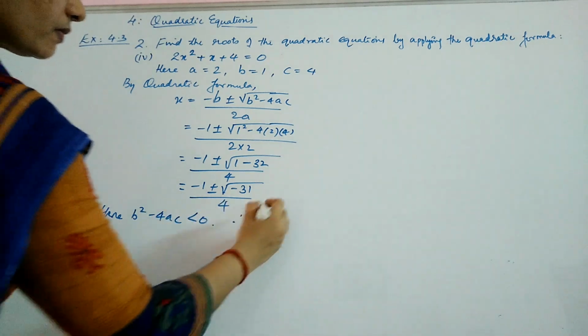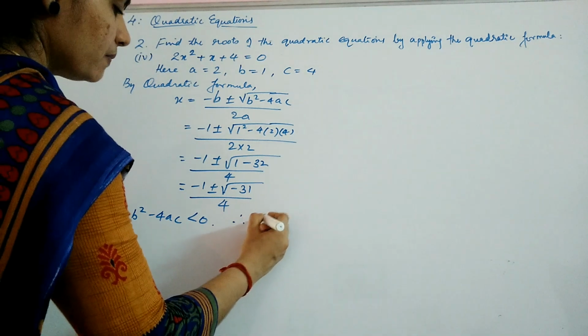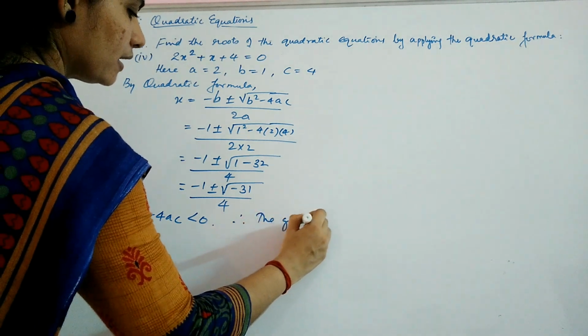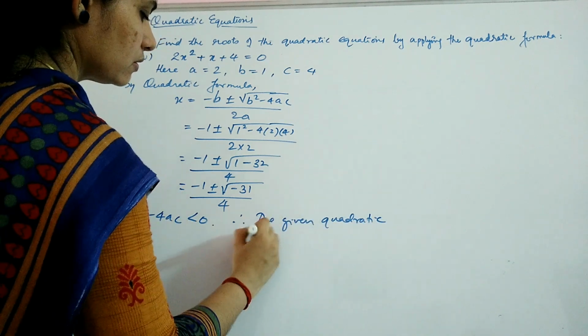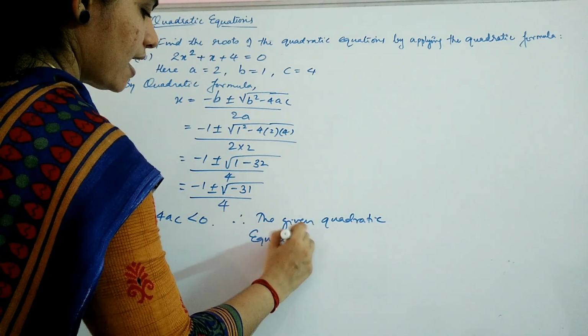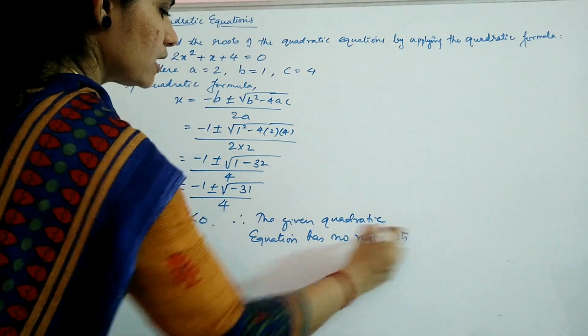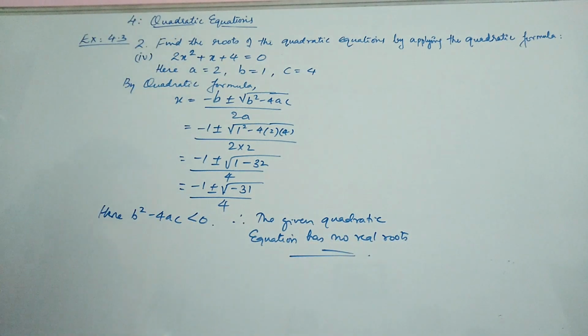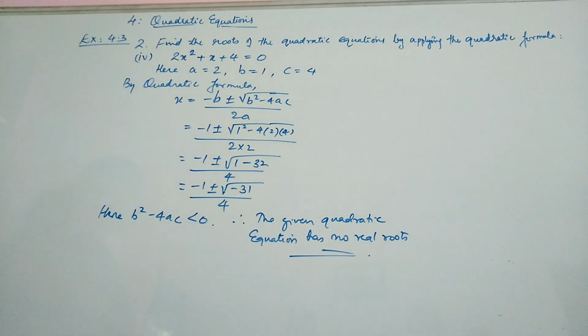Therefore the given quadratic equation has no real roots. So you can just stop here saying that it doesn't have any real roots, if you are getting your b square minus 4ac to be less than 0, that is a negative sign inside the root.